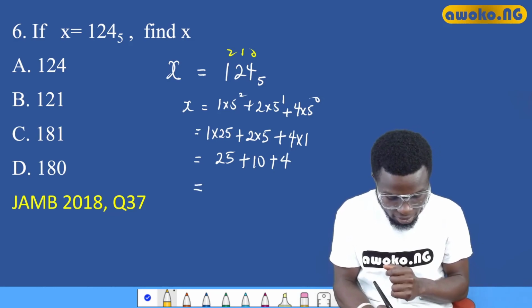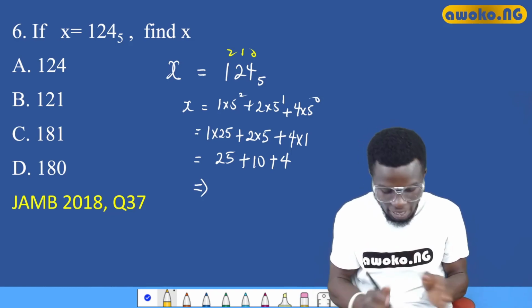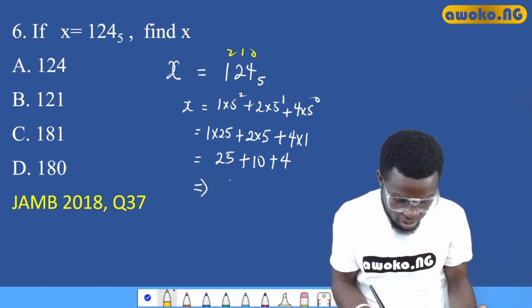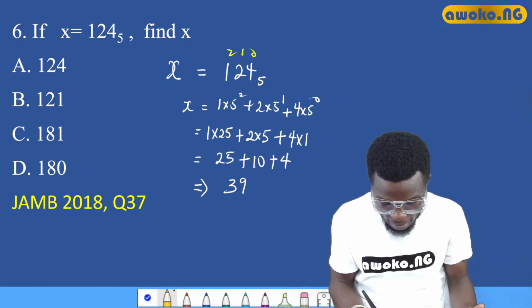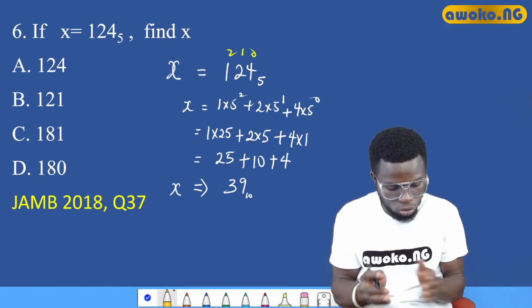So if you add these three together, we have 39 as our answer. So we have 39 base 10. So x is equal to 39.